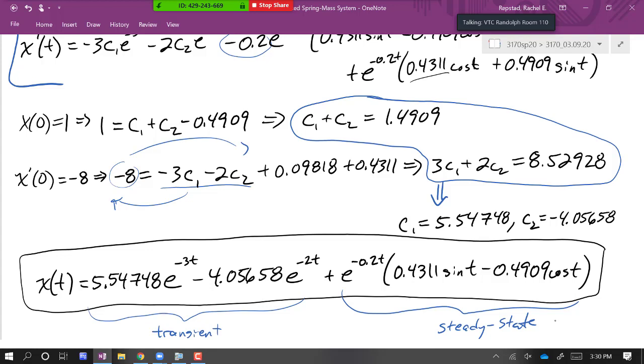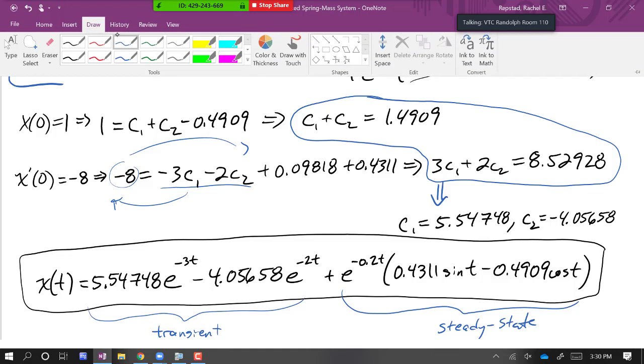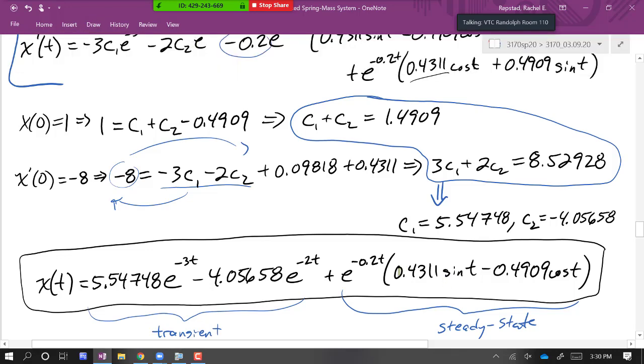Well, the stuff in the parentheses is periodic in nature, but that's being multiplied by e to the negative 0.2t. Whatever happens as t gets big, that sine and cosine part is bounded, right?